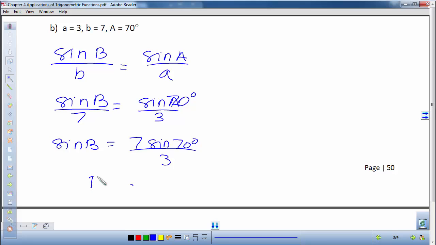Okay, we can do that. We don't have to evaluate this out, so B equals sine inverse. I was going to find the number, but it really doesn't matter. However, sometimes it's useful to do this, because let's say the number comes up to be something outside of -1 and +1.